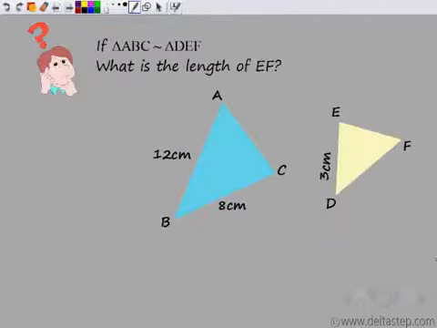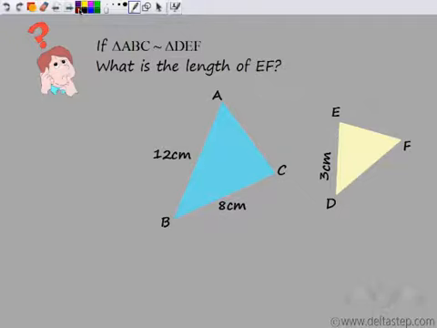So now, can you answer this question? We know that these two triangles are similar, that is given to us. What we need to find is the length of EF. So if two triangles are similar, then the ratio of the corresponding sides is proportional.